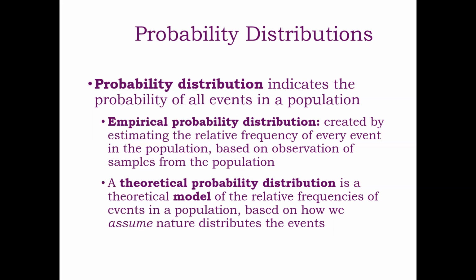Theoretical probability distributions reflect our hypotheses about what nature looks like, what the construct we're interested in really is in nature, right? So we're going to get to that, but a theoretical probability distribution is, for example, how we expect events to be versus how we expect them not to be. So the researcher's experimental hypothesis versus the null hypothesis, and we're going to get there in a minute.